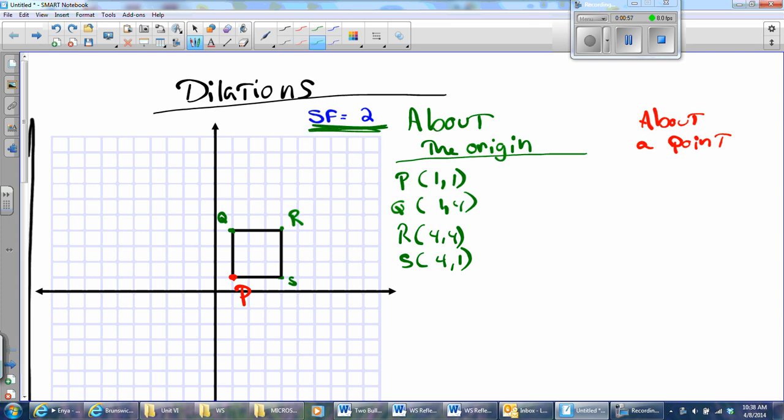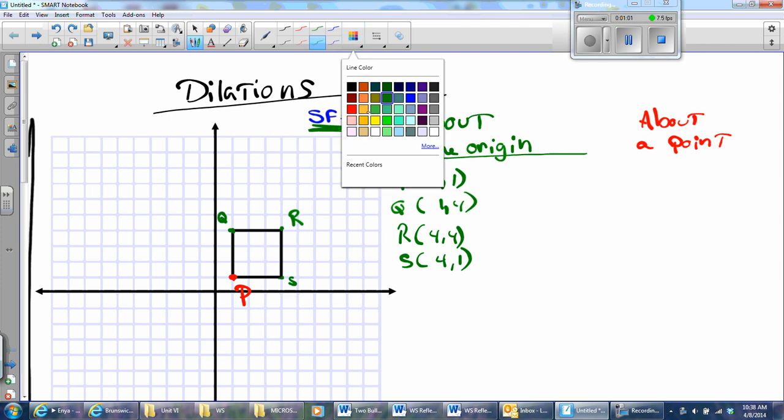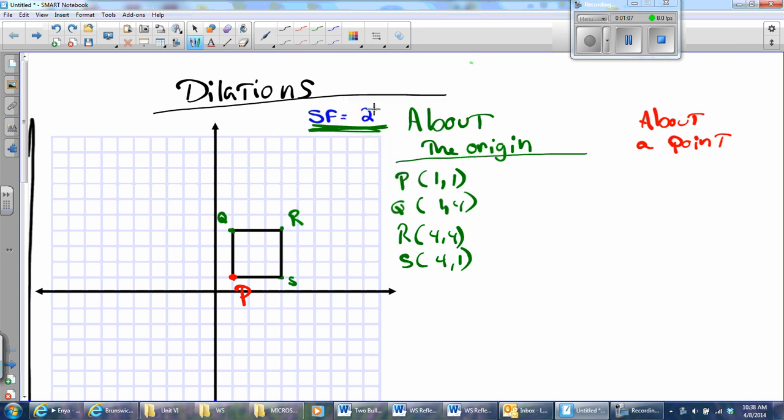That's by how much everything's going to change. This is so simple. All I'm going to do is multiply all my coordinates by 2, because my scale factor is 2. So the new P will be at 2, 2. The new Q will be at 2, 8. There's Q prime.